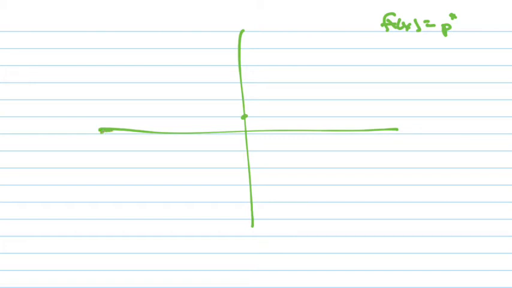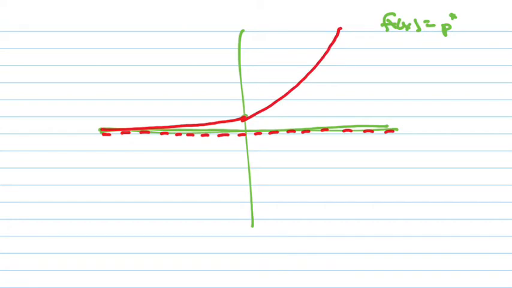It never touches the x-axis, and instead you get a little dotted line called an asymptote. It goes down and approaches that line infinitely closer, but never touches it. And over here, it just goes up infinitely.